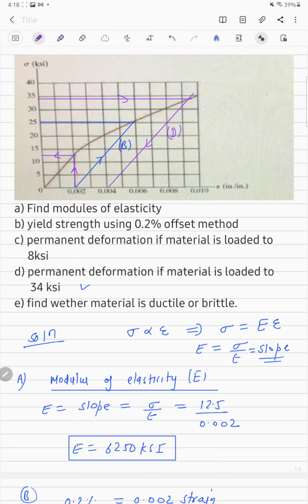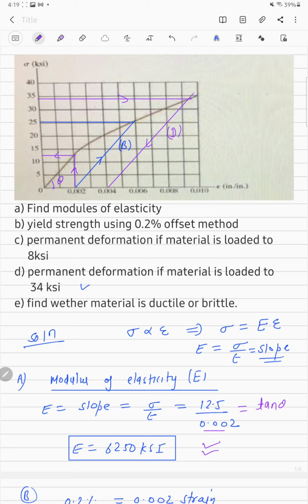Stress will be 12.5. At strain equals 0.02, stress will be 12.5 ksi. So what will be Young's modulus, stress by strain? 12.5 divided by 0.02. You can also say this angle is theta, then this will be tan theta, because we find slope by tan theta. So E will be, this is a very simple calculation, 6250 ksi.